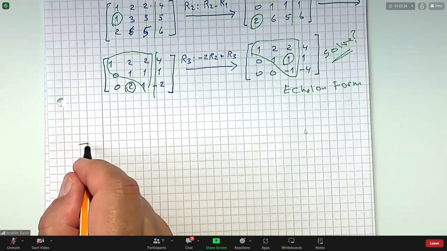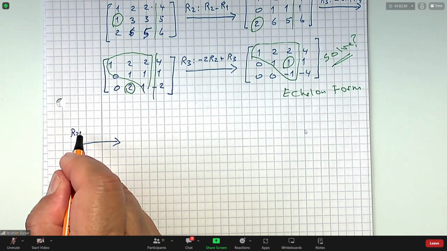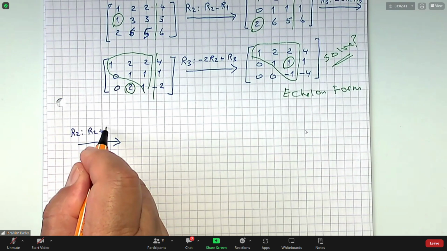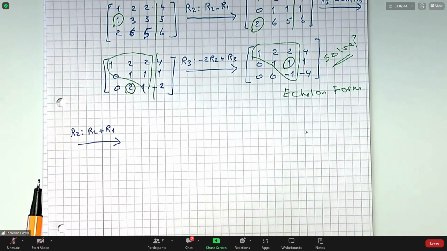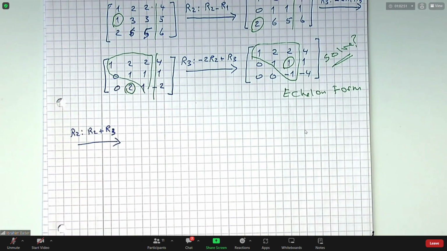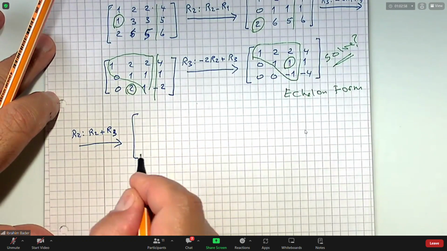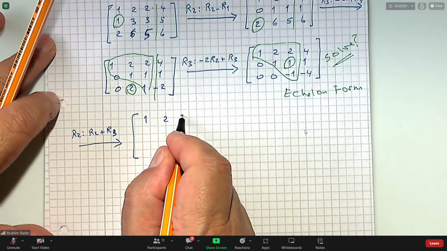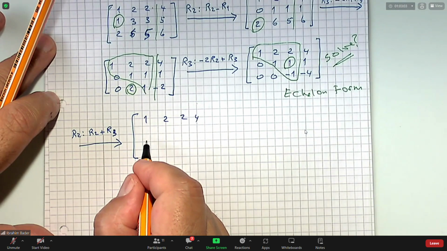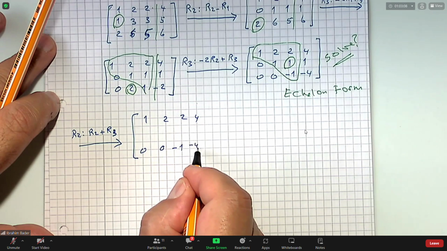So the operation here is R2 will be replaced by adding R2 and R3, because here you have 1, you have negative 1. If you add them up, you will get 0 anyway. 1, 2, 2, 4. And then here 0, 0, negative 1, negative 4.